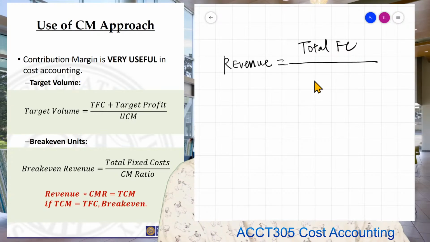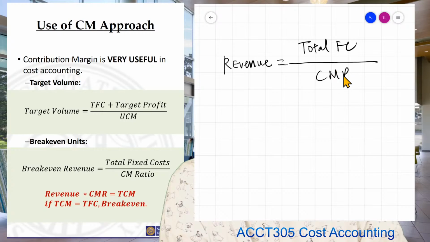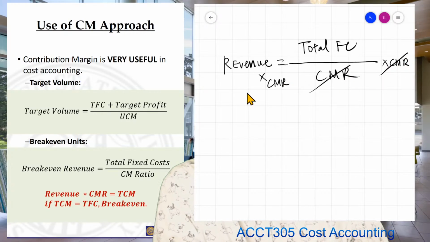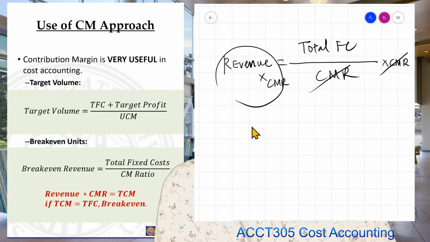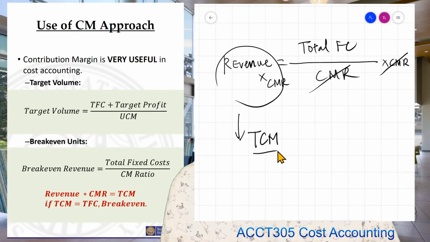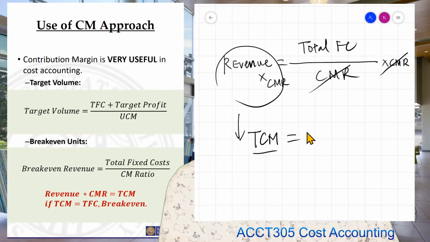If we multiply by the CMR on both sides, on the left-hand side, revenue times contribution margin ratio, we get TCM, the total contribution margin. And on the right side, we have the total fixed cost.